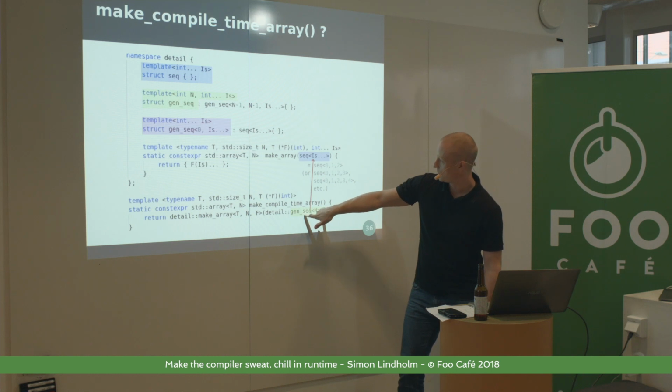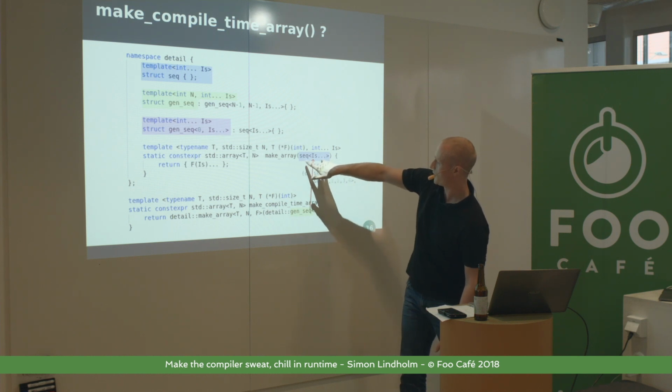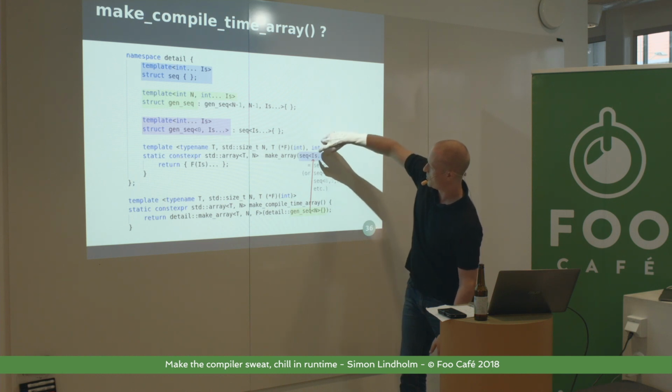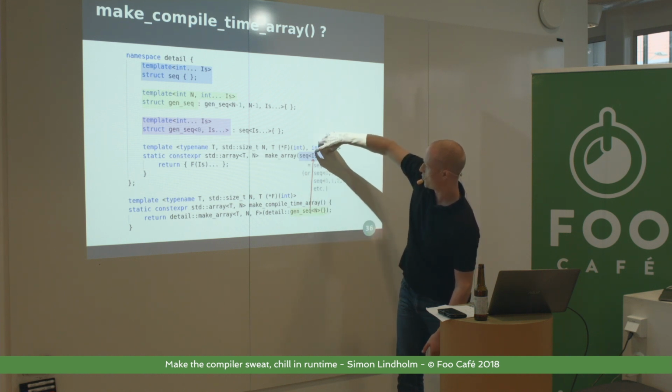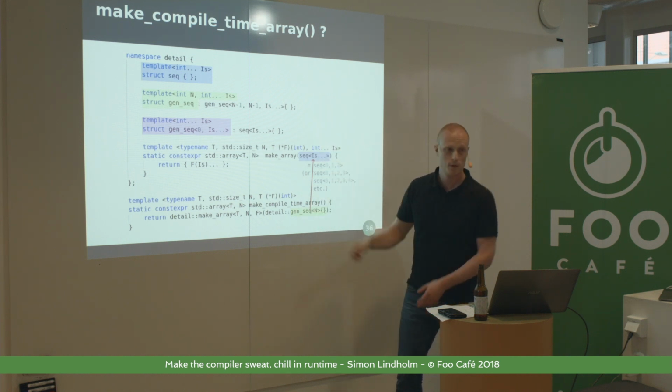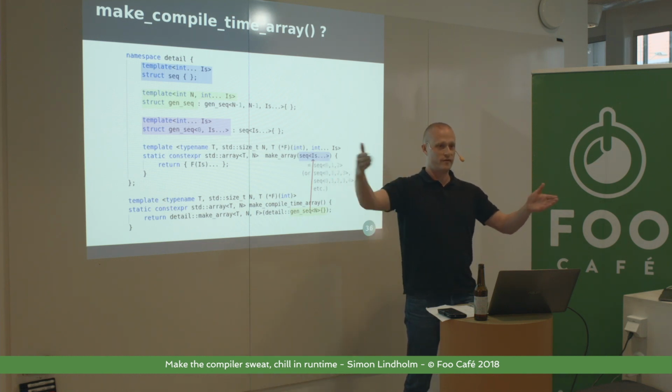So basically, this call here, again, we have a specialization, so we can sort of unpack this. So we have a sequence, and by using specialization we can unpack this and pop out the indices, which are 0, 1, 2, 3, 4, and so on to 255.